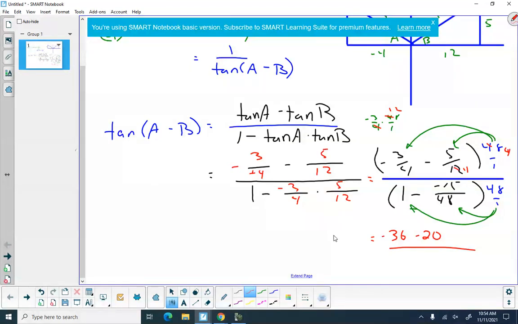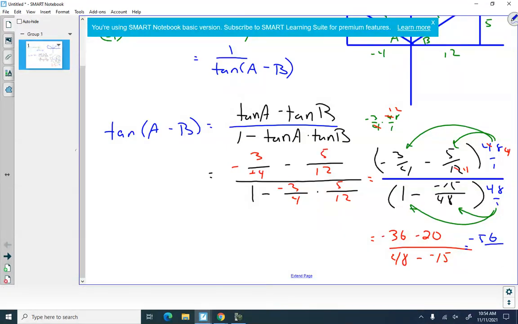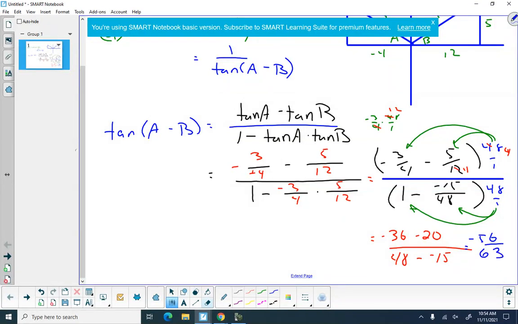On the bottom, we multiply each of our terms. So we have 48 minus a negative 15. The 48s will cancel. So we're left with negative 56 over 63.